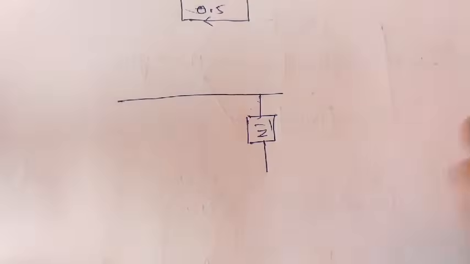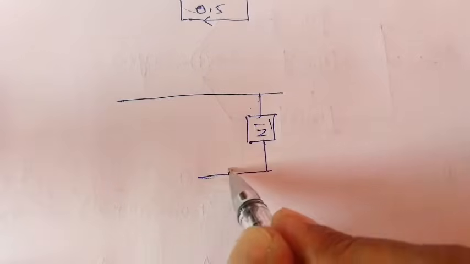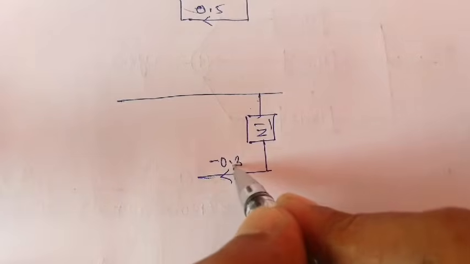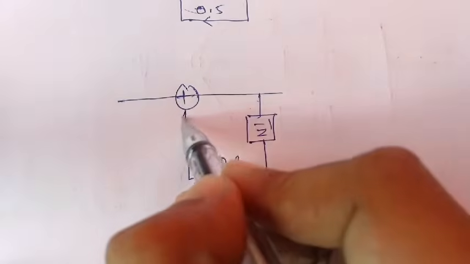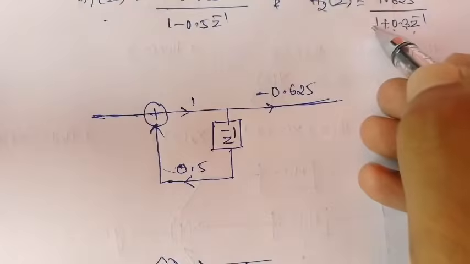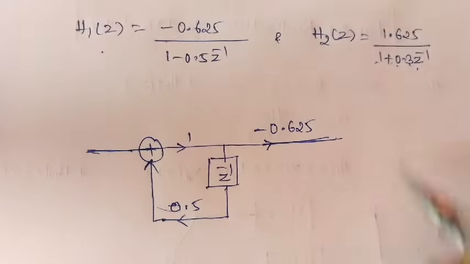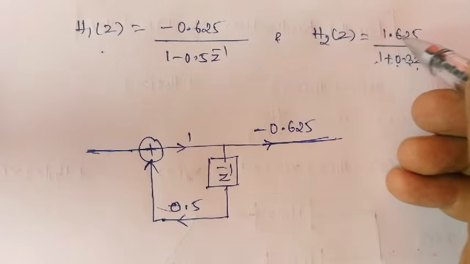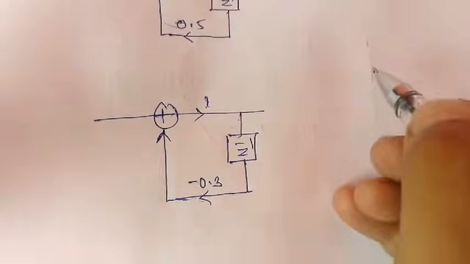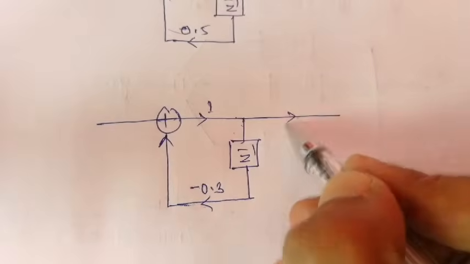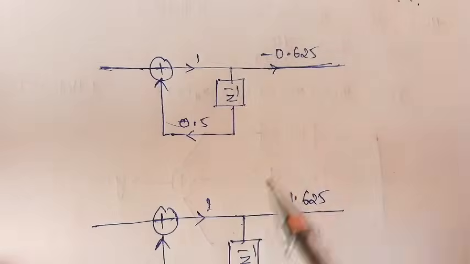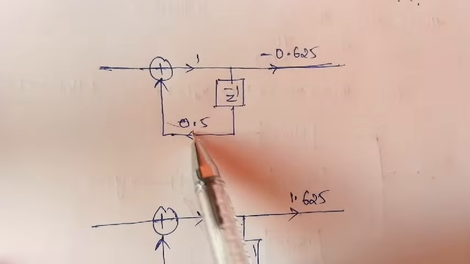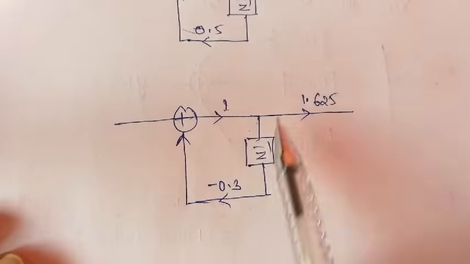Taking the opposite sign, that is minus 0.3, added with the previous result, and here the coefficient is 1, as it is. Coming to the zero section, plus 1.625 is there. So this part gives the realization of H1 of z, and this part gives the realization of H2 of z.